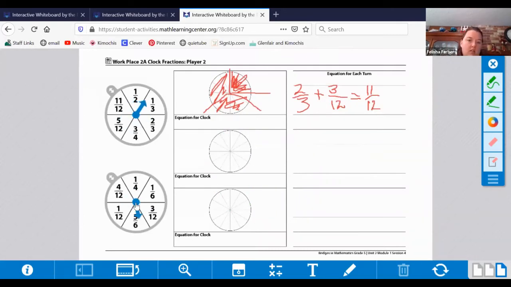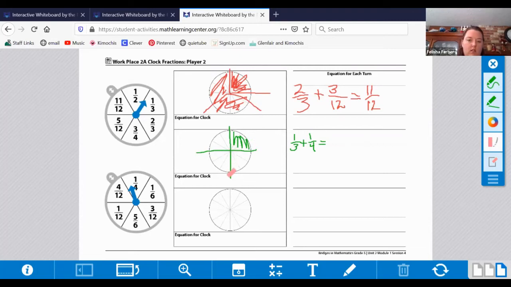Spin and spin. 1/3 and 1/4. See, that one's pretty skinny, so I'm going to fit most of it on this one. So 1/3 plus 1/4. So 4th, is these ones.